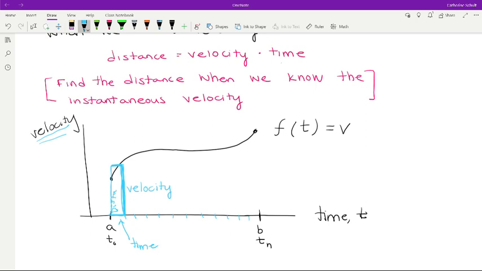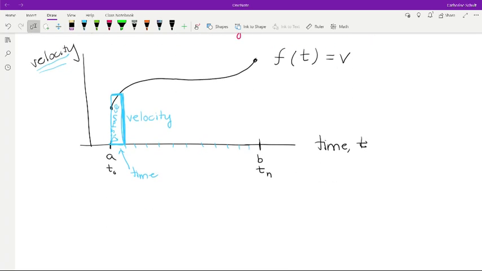So the area of each of all these rectangles represents the distance traveled. So let me write that down. So the area of the rectangle is, I shouldn't say equals, it's an approximation still because the rectangles are relatively big.